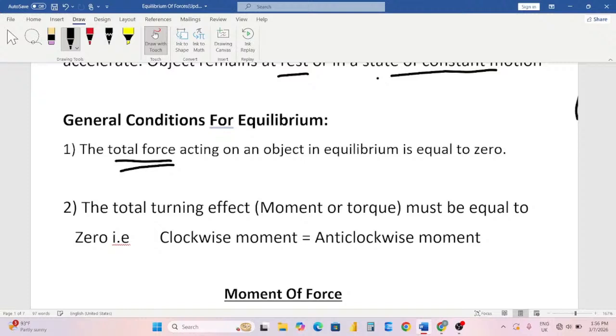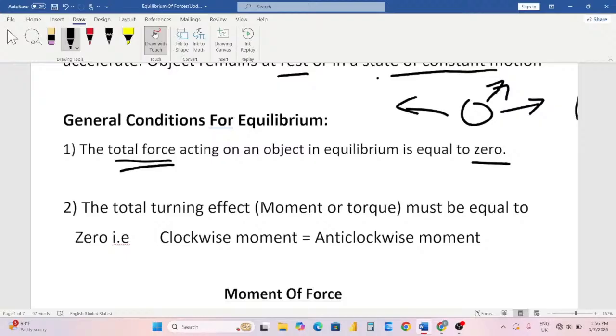So basically saying if you are to sum up all the forces acting on an object in various directions, the final answer should be 0, irrespective of the type of force acting on the object. We'll see more about that as we go further down the topic.